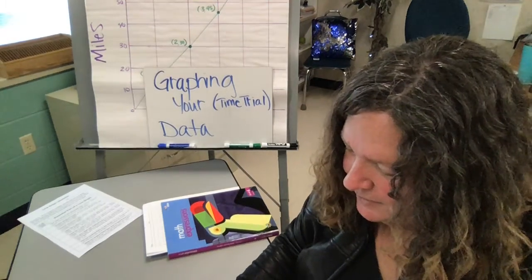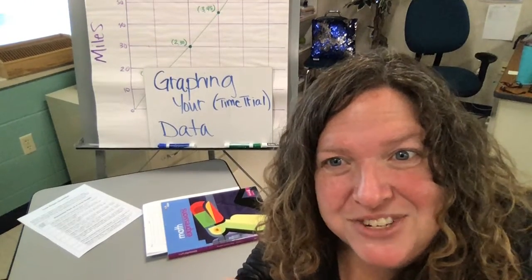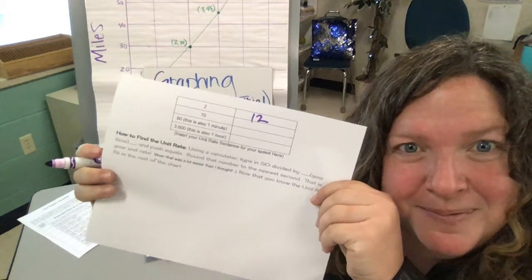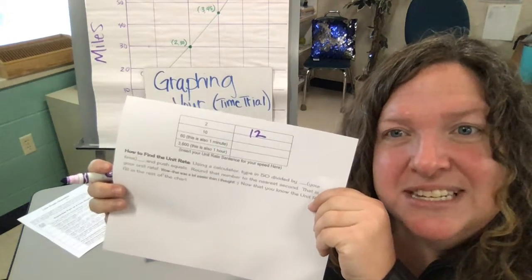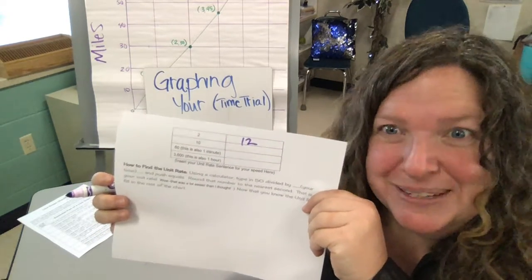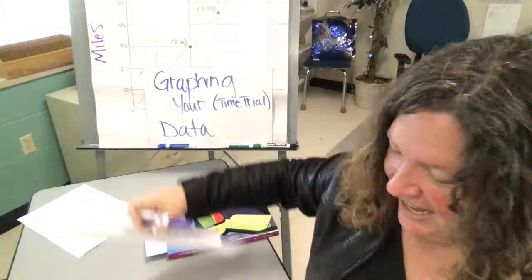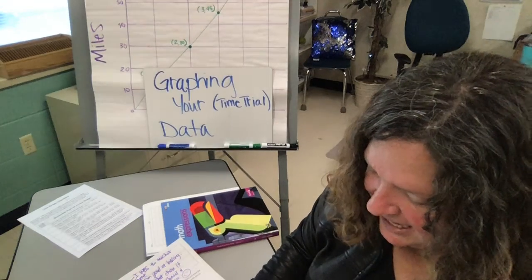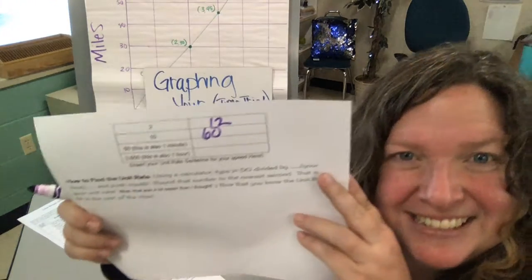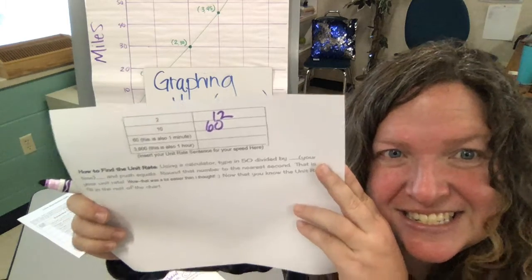Well, 12, because 2 seconds is twice as much, and I went twice as far. How many did I go in 10? Well, it's that 0 trick. If I went 6 in 1, I went 60 yards in 10 seconds.